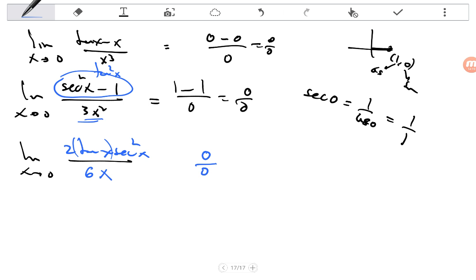It will be again 0 over 0. But when you apply 0 for sec squared, this will be 1. Sec 0 will be 1. This will be 0 and this will be 0. There is a rule for this one. Whenever you are having functions multiplied and divided by each other, any part of these which gives me a number which is different from 0 or infinity, take it out.